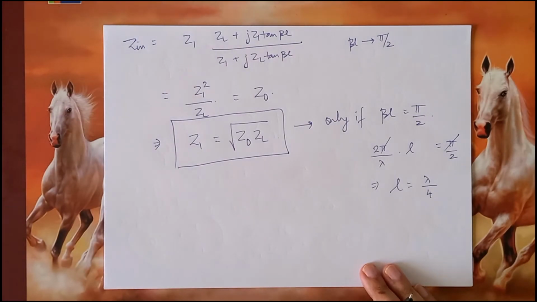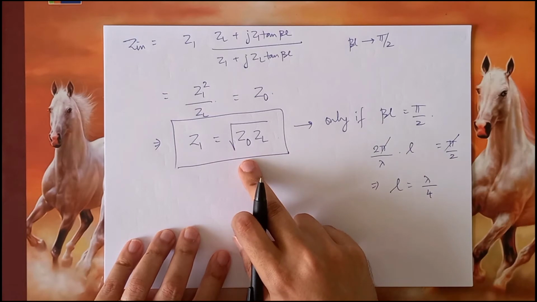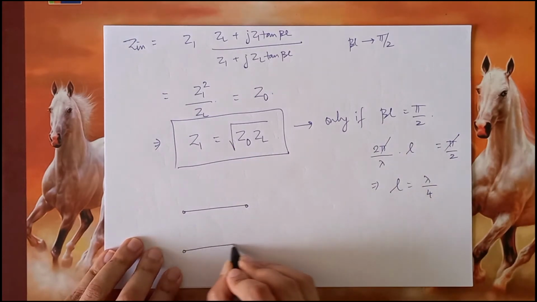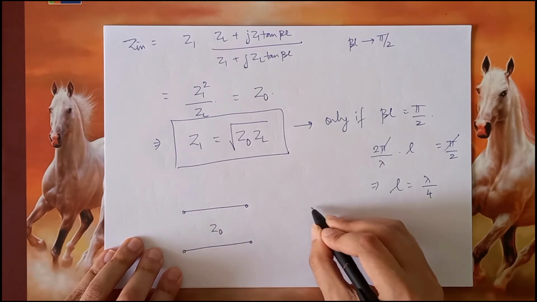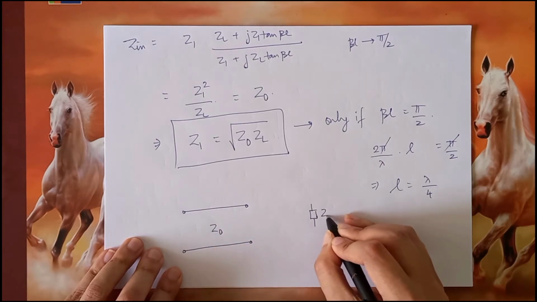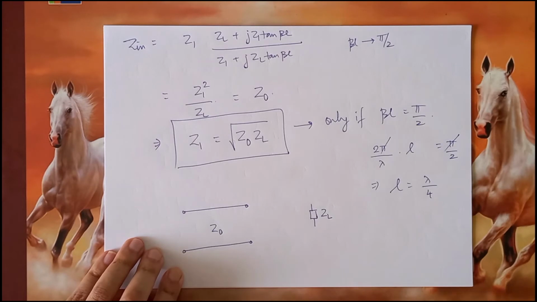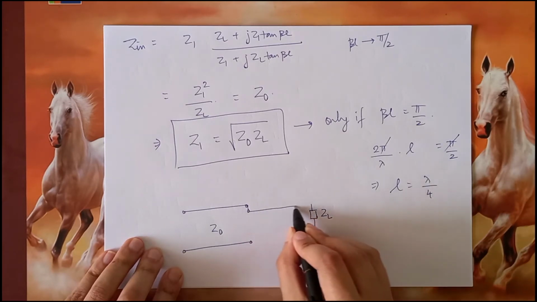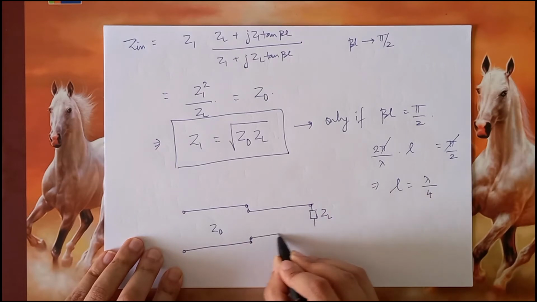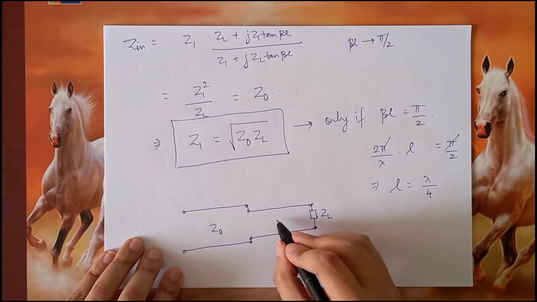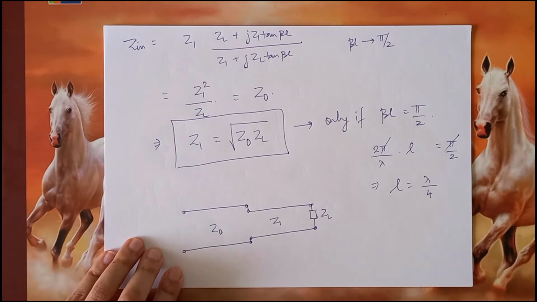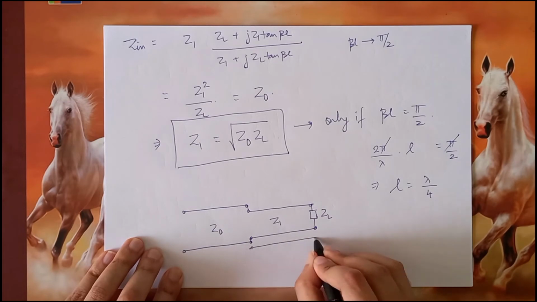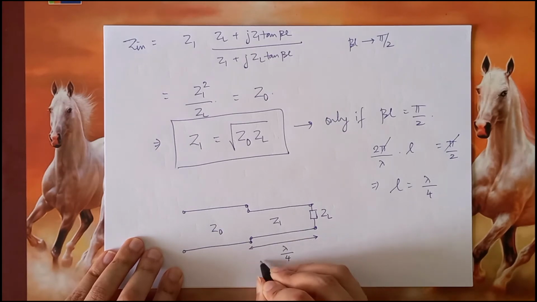through the transmission line. So therefore, what we can do, we have this Z0 transmission line, we have this load ZL, so we can put this black box, and this black box is nothing but another transmission line of impedance Z1, which is the geometric mean of Z0 and ZL, and it should be of length lambda by 4.